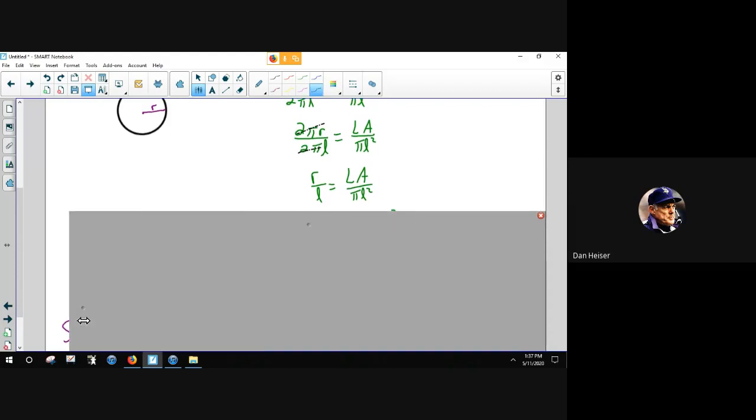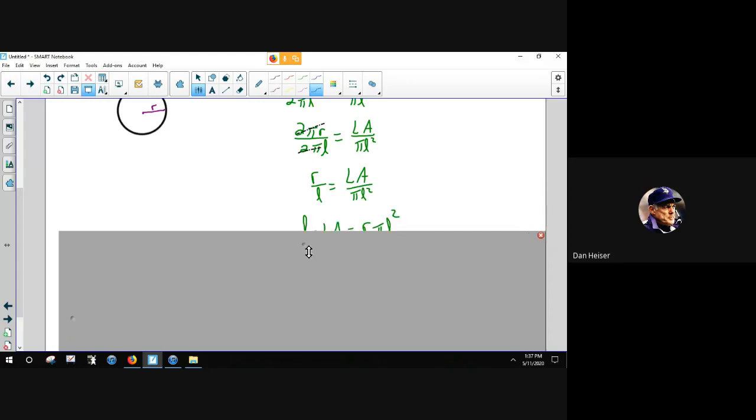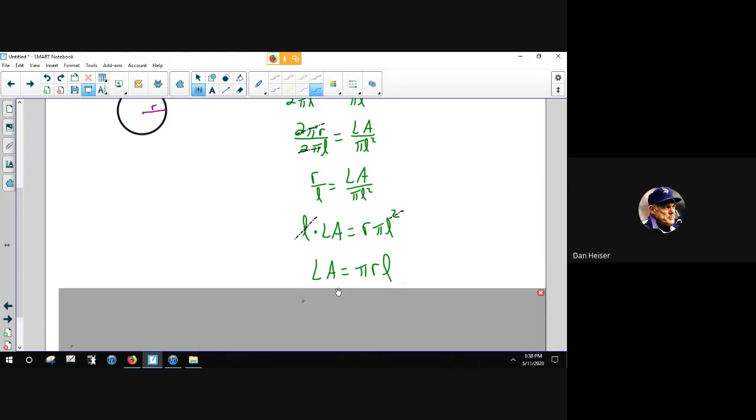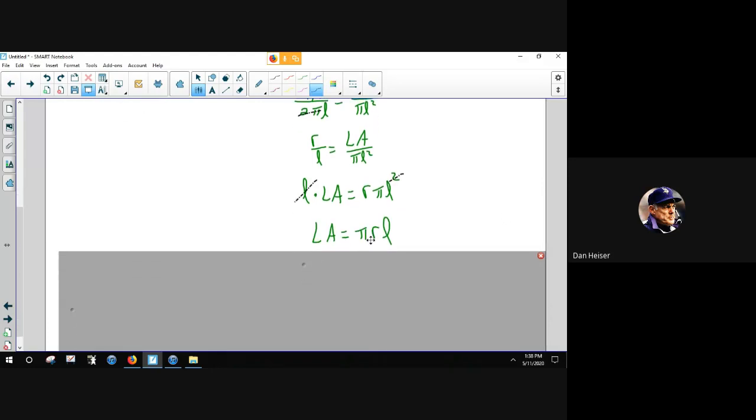L times lateral area, and then here we get R pi L squared. Now what I can do is divide both sides by L. So this L goes away. This L squared gets knocked down one power and becomes pi R L.